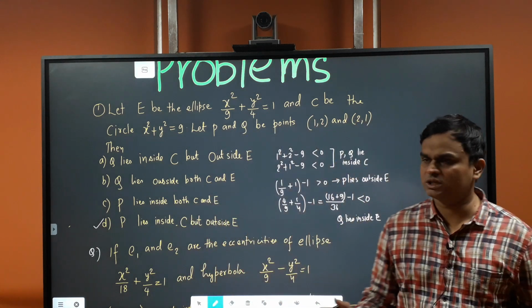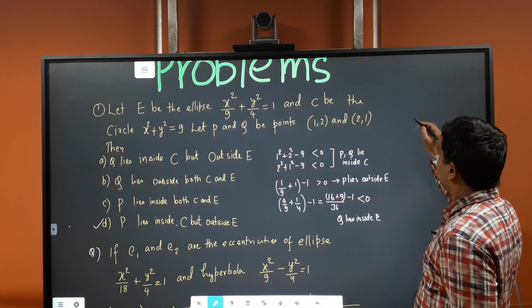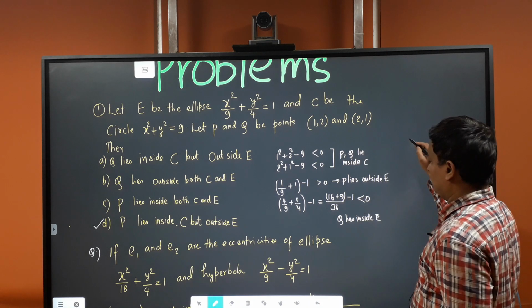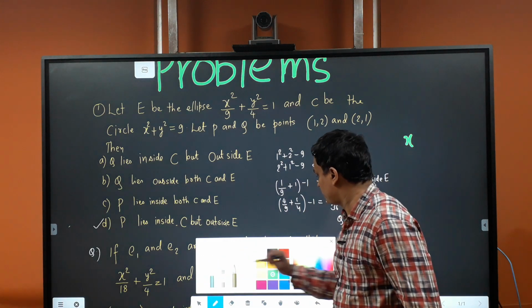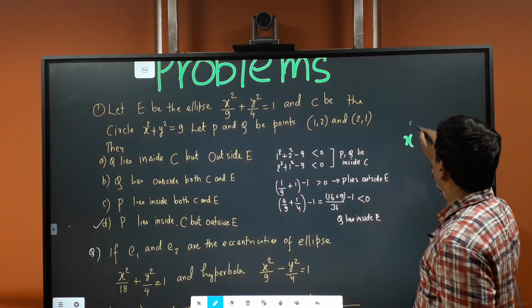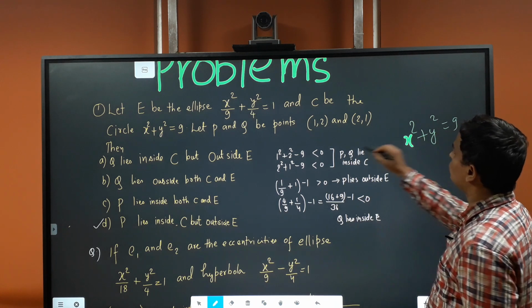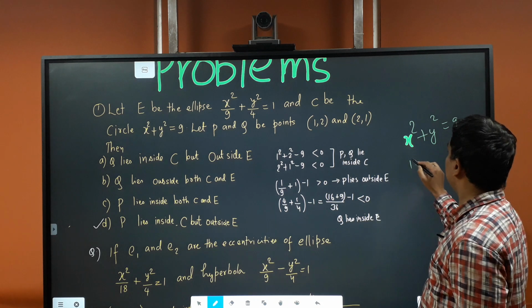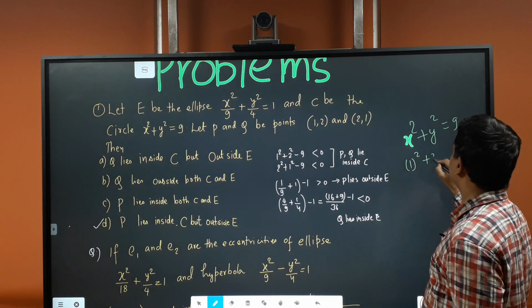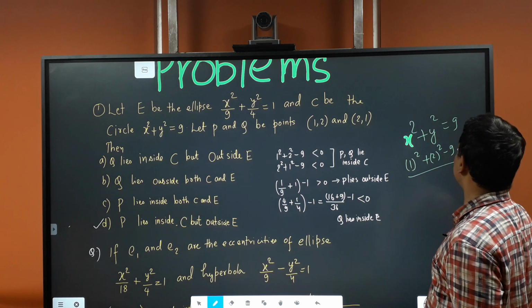It is one of the easiest questions. If a curve, for example a circle, is there, like here it is given x square plus y square is equal to 9, and if you want to check whether this point lies inside or not, then we just put the values 1 square plus 2 square minus 9, and see whether it is less than 0.